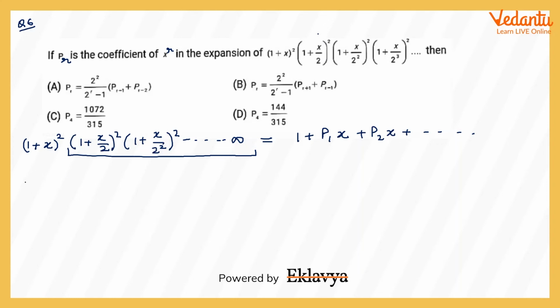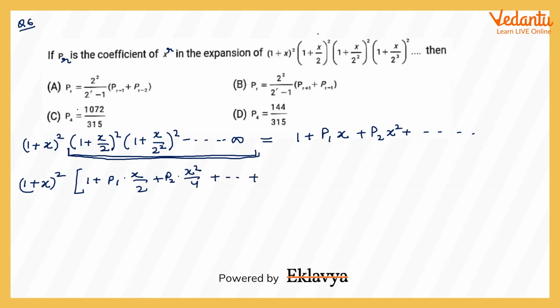So I can think of it as if I have replaced x by x by 2 in all these brackets. If that is so, then the expansion of the product of these brackets will also be the same thing. I can write this as 1 plus p_1 into x by 2 plus p_2 into x squared by 4, and so on.